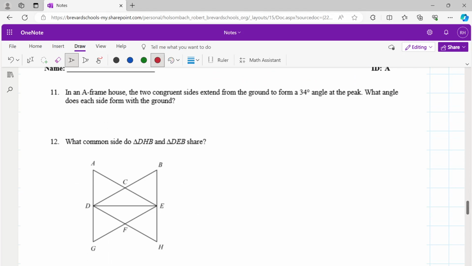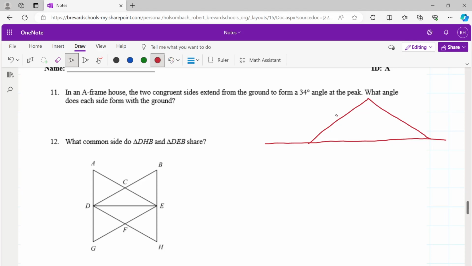Problem number 11 says in an A-frame house, two congruent sides. So look, here's an A-frame house. This is the ground. An A-frame house just looks like this. A-frame house, the two congruent sides extend from the ground.